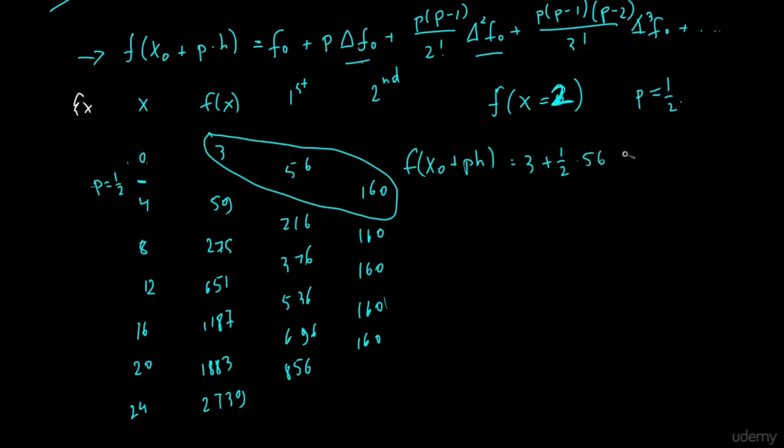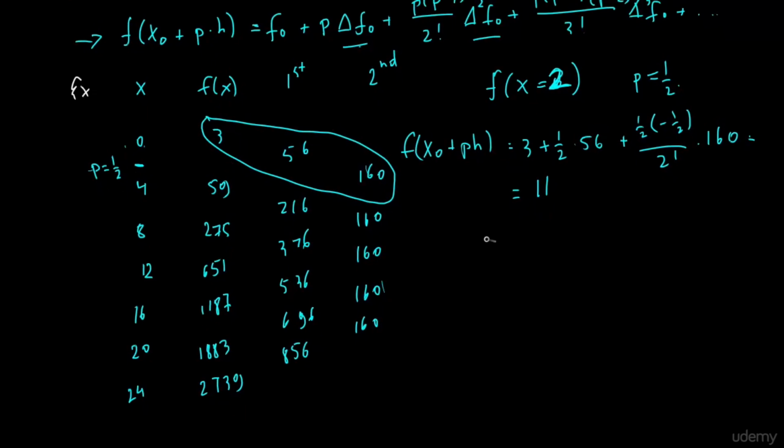And then the slightly more complicated p times p minus 1, so that's 1/2 multiplied by half minus 1, which is minus 1/2, divided by 2 factorial multiplied by delta squared f of 0, which happens to be 160. Multiplied by 160, and the value that we get is 11. So that's the result calculated at x equal 2.